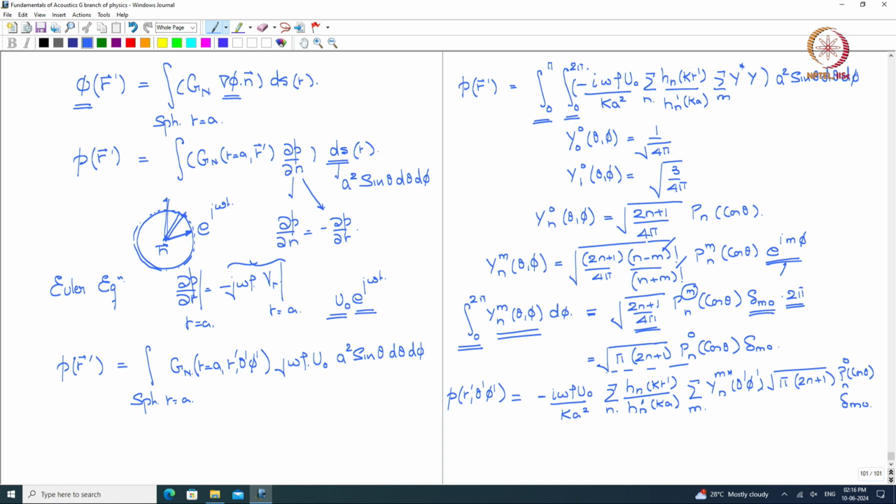Okay. So, what happens, this m must be 0 comes in, applies here and applies here. So, we are left with one term, and here I have k is equal to omega by c on top. So, I get minus i rho c u0, and okay, sorry, that's something I missed here.